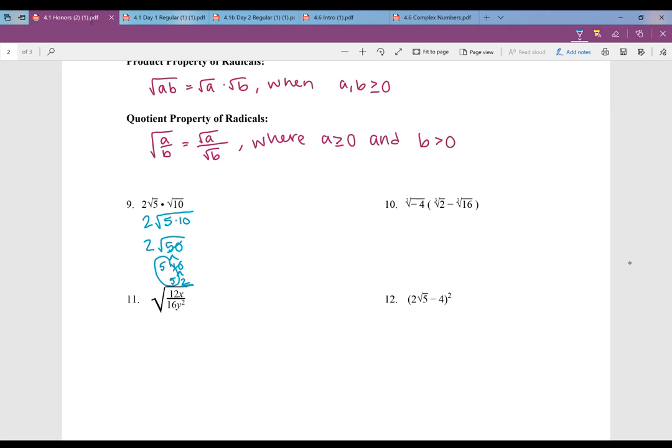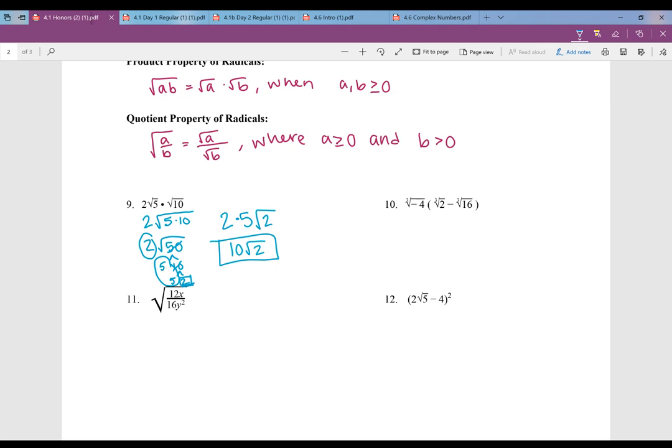So that means we already have this 2 on the outside, right? So we have a 2 times 5 from our group of 5s, and then under the square root we still have this 2. And then 2 times 5 is 10, so we get 10 root 2. And that is the answer for that one.